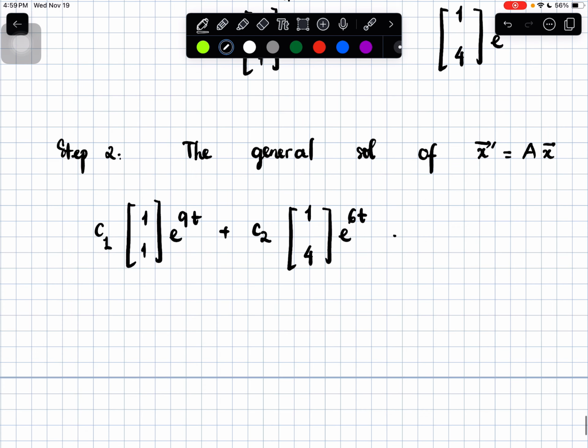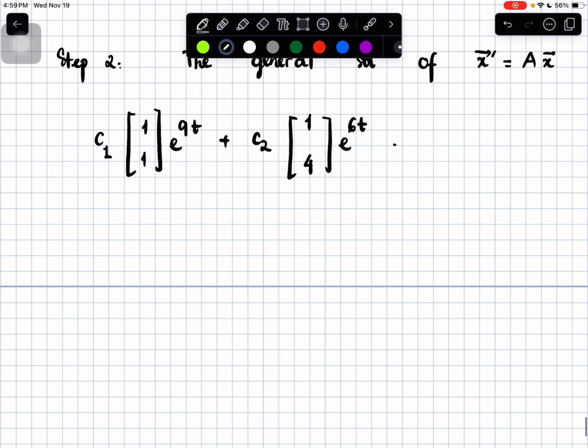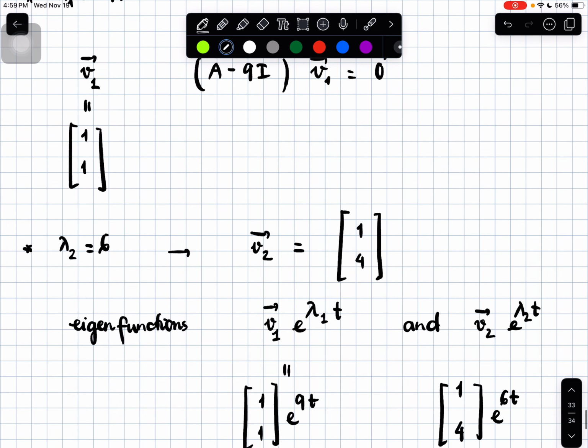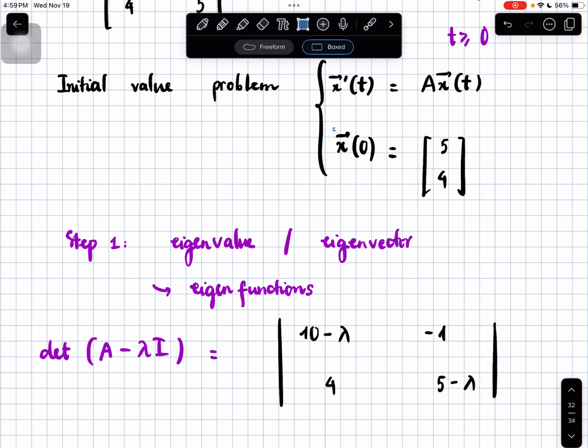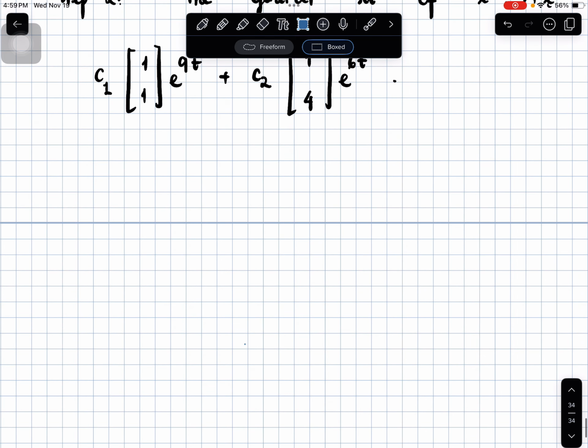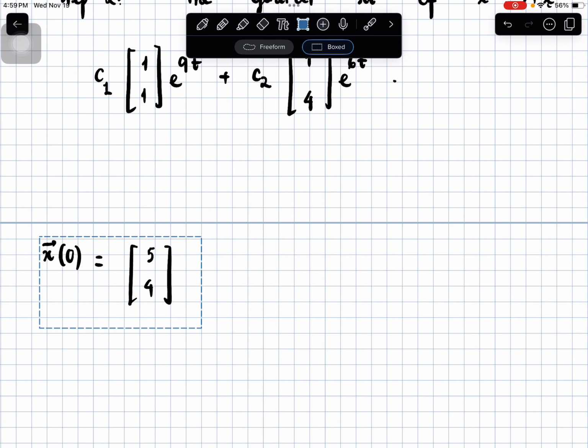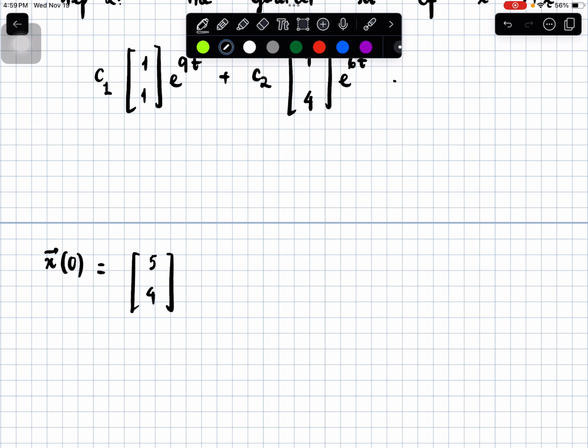In our case, we have the initial value condition, so we could find c1, c2 based on that. We know that x0 is given by (5, 4). This is our general solution x of t.